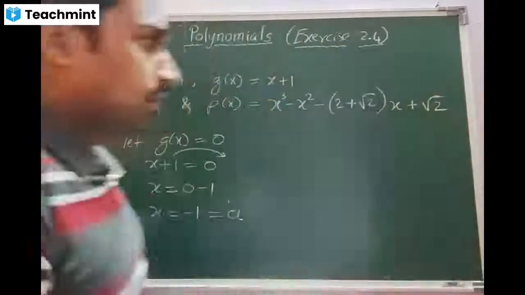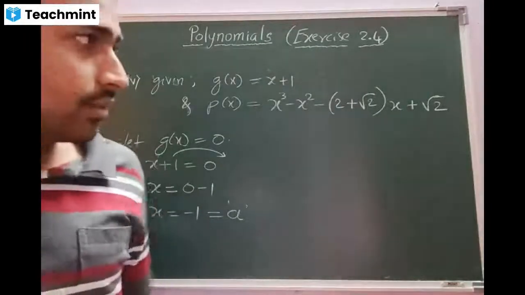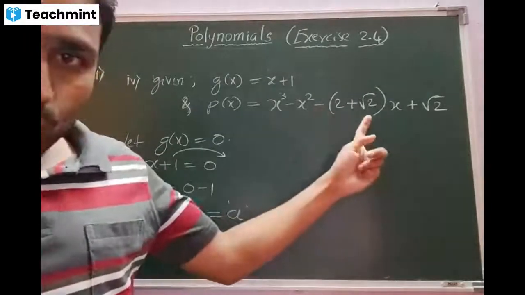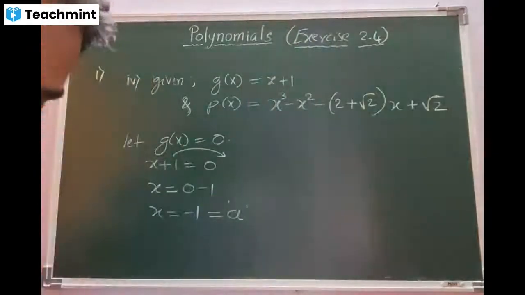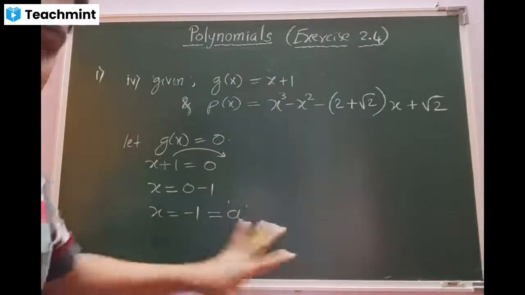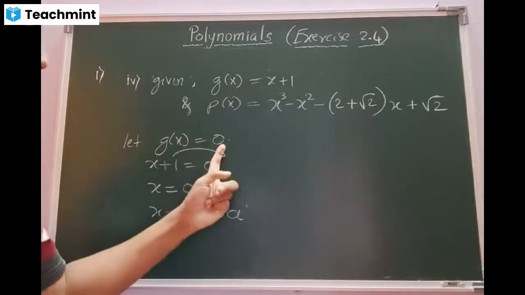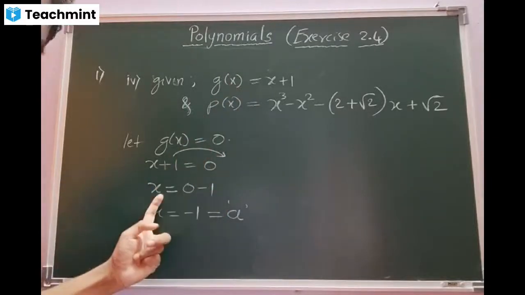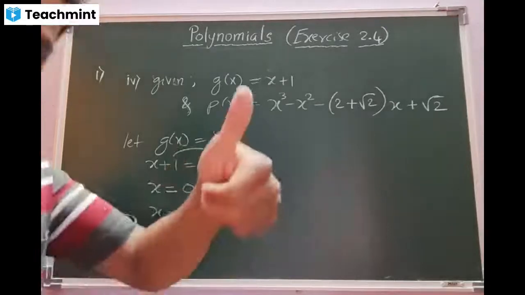Okay, very good. This is the dividend. Am I right? Yes. But you can see I did not erase this one. The reason is it remains the same. Again, you have to take g of x equal to 0, solve for x value. You will get some answer that is -1. Treat it as a. Clear, beta?